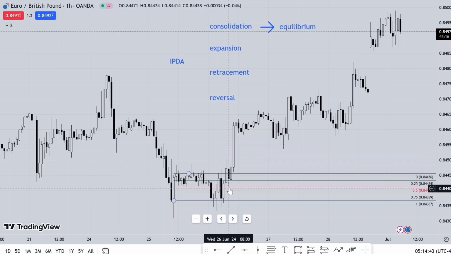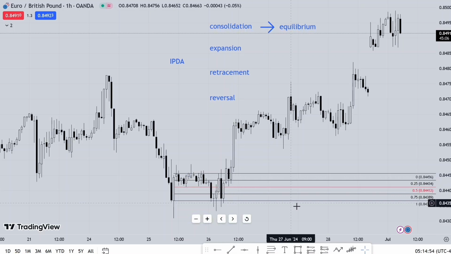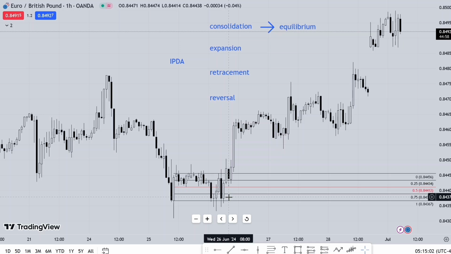Then price returned back to the equilibrium of this consolidation, just shy of 2 points. The low of this candle is 844.14, while the equilibrium is 844.12, which is about 2 points.